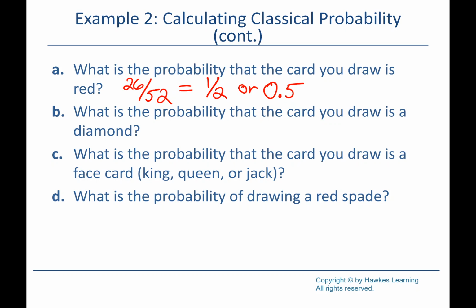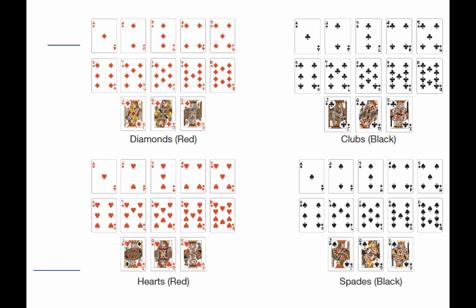All right, let's look at B. B says, what is the probability that the card you draw is a diamond? You can count if you need to. We've got 13 diamonds out of a total of 52 possible cards. Same idea as the last one.